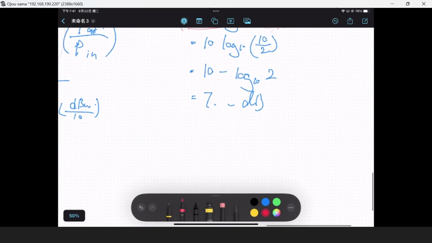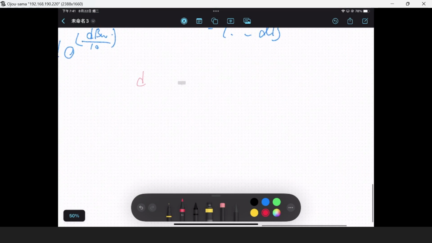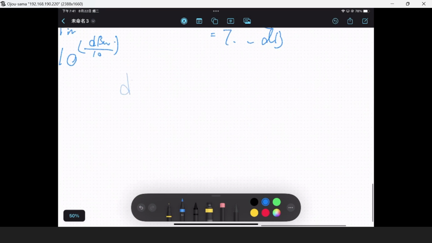dB watts. Okay, as we've just talked about, plus 3 dB, right?